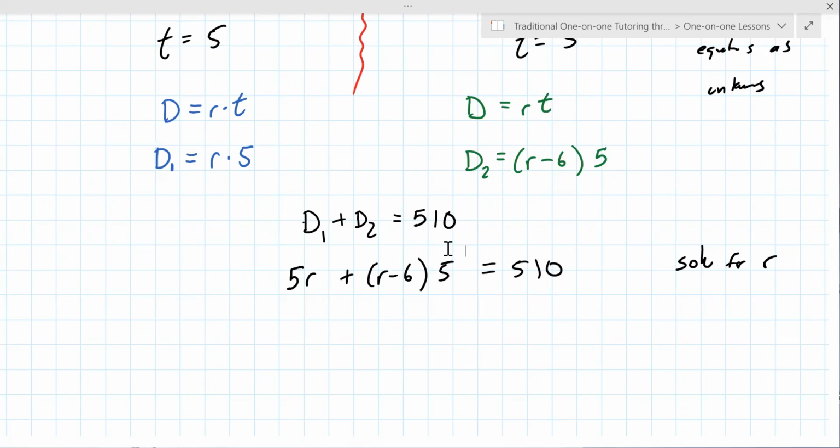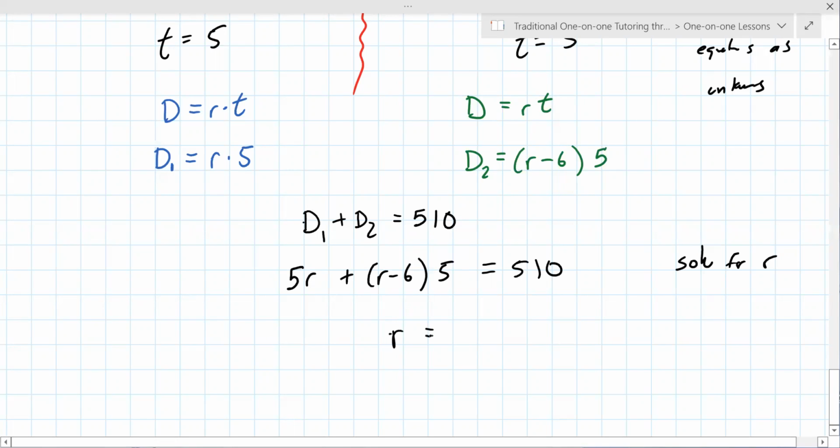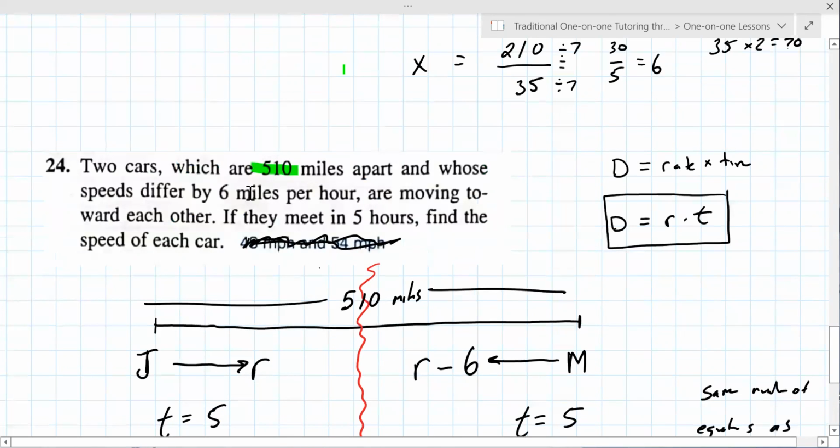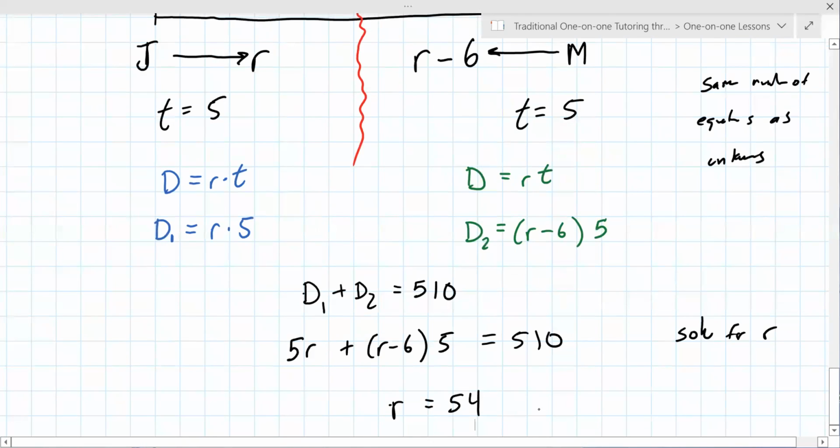Is it 54? Okay, so you got r is 54. Now this is a word problem, so we do need some units to go along with it. What are the units of speed? Miles per hour. If you're in my classroom, I would be very unhappy if you did not put the units, because I don't know what 54 means.